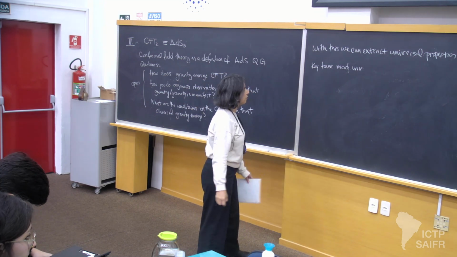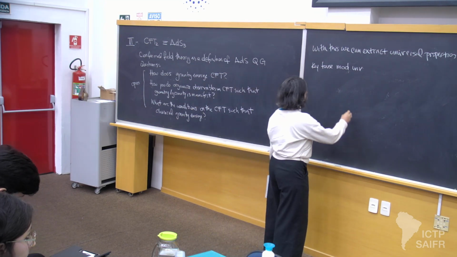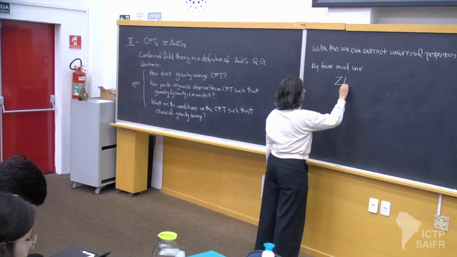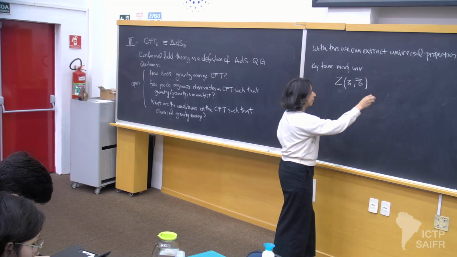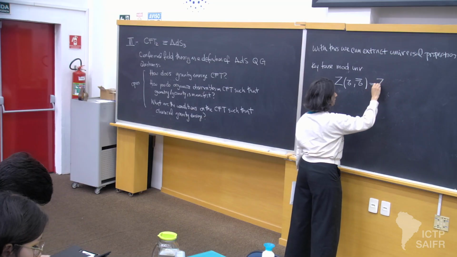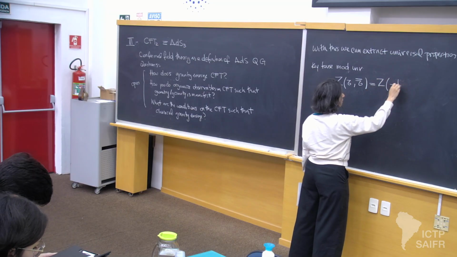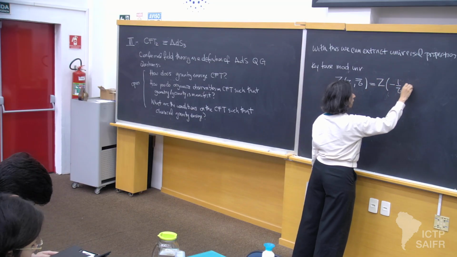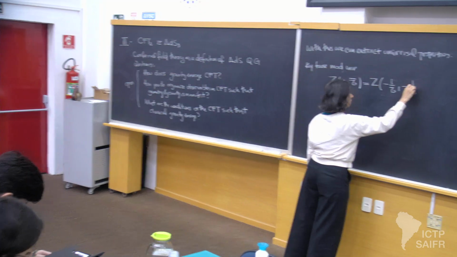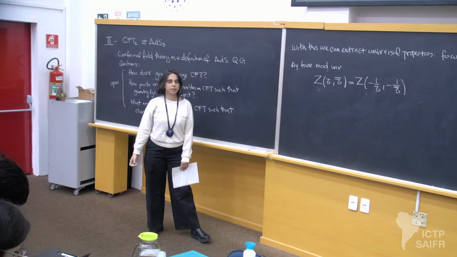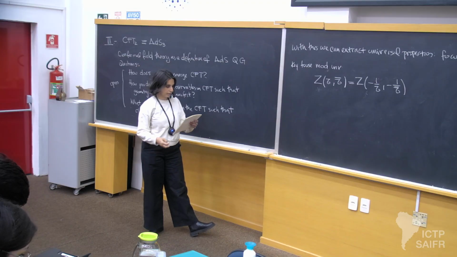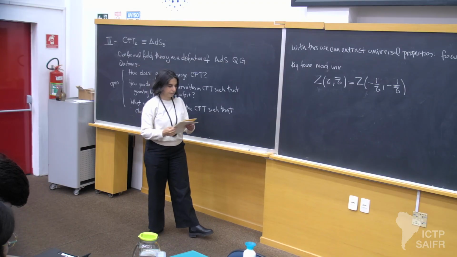But I actually have to just look at one of those transformations. For particular choices of A, B, C, and D, you can very easily see that modular invariance in particular implies that Z of tau and tau bar should be the same as Z at minus 1 over tau.